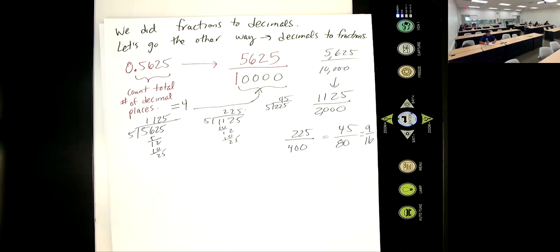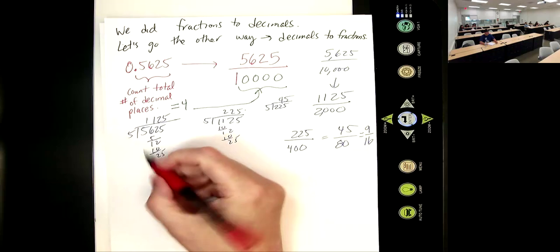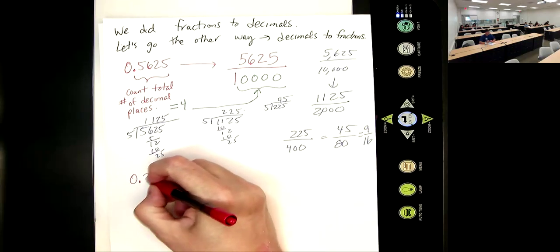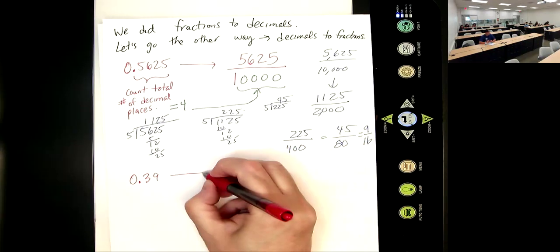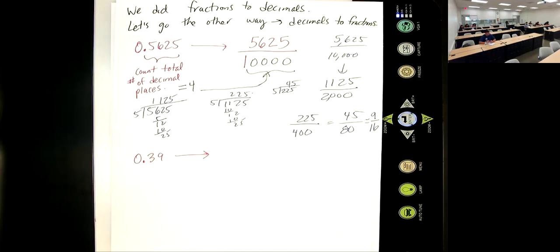They don't always simplify. Like if we switch to 0.39. In fact, you guys write that as a fraction. I did 1, you guys do 1.